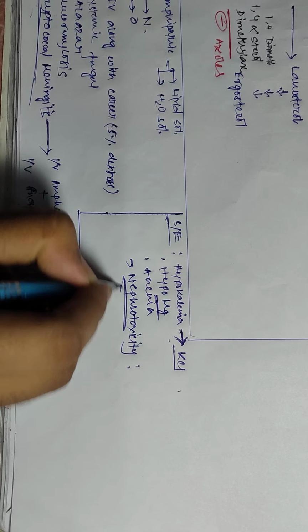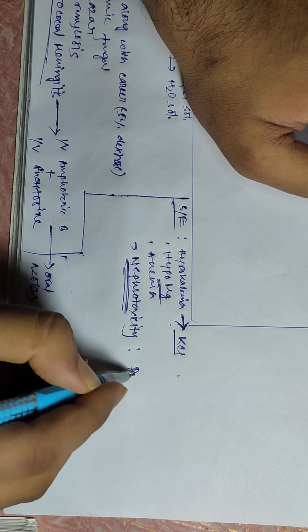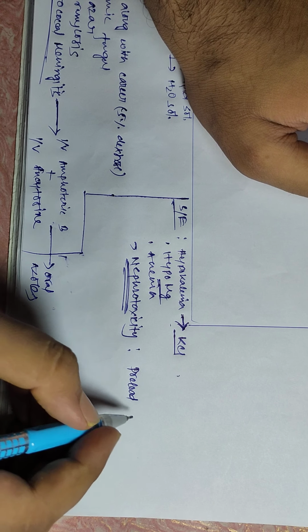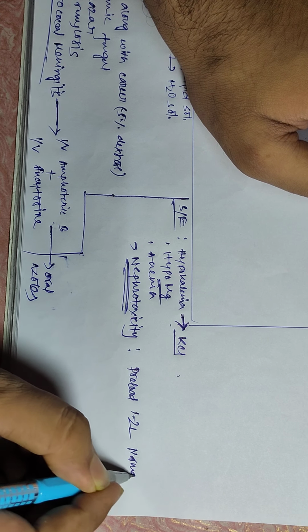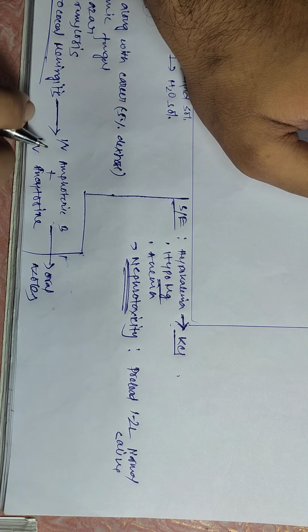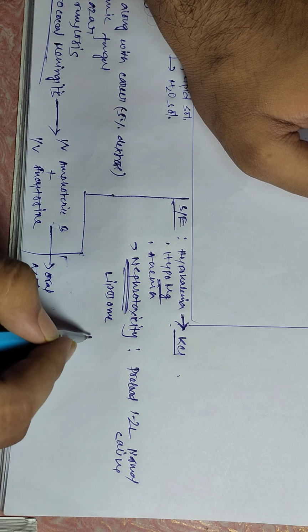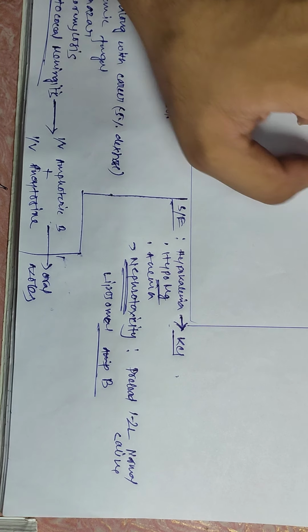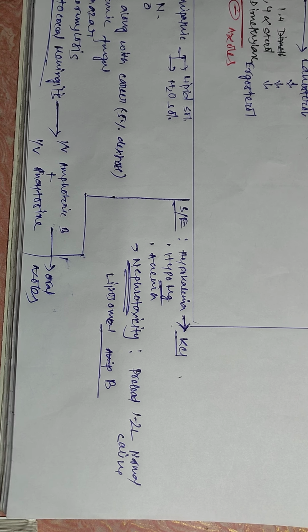To prevent nephrotoxicity, what we do is preload the patient with 1 to 2 liters of normal saline, right? Or sometimes we use liposomal amphotericin B to prevent the nephrotoxicity, but that is costlier, right? So this is all about amphotericin.